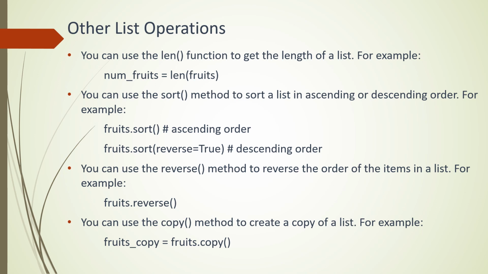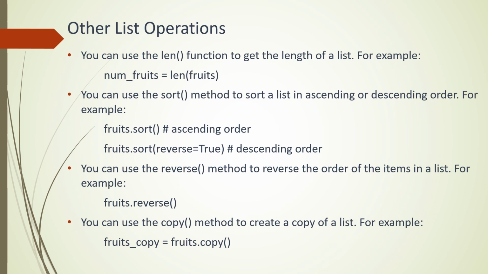For example, if you wanted to get the length of a list of fruits, 3 fruits in particular, apple, banana, and orange in that order. If you want to get now the length, you say num_fruits equal to len(fruits). That will give you the number of items in that list.